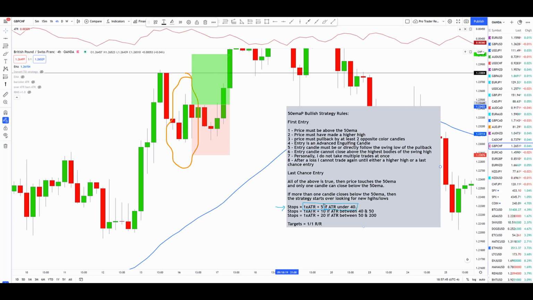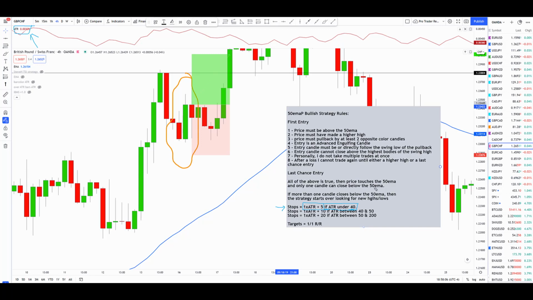Now, I know that might be pretty self-explanatory, but let me go through it and explain what I mean by that. If your ATR, which is this number right up here, is below 40, right now we're seeing 31. So if it's below 40, then we are using what for our stop loss? We're using the ATR plus 5 pips.